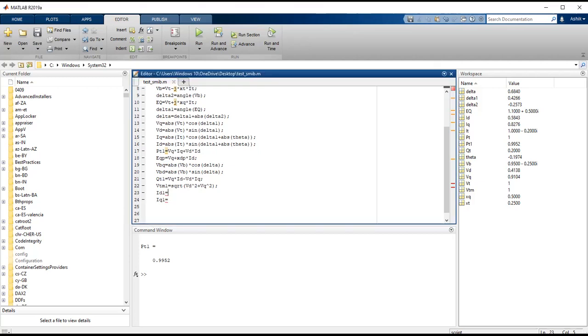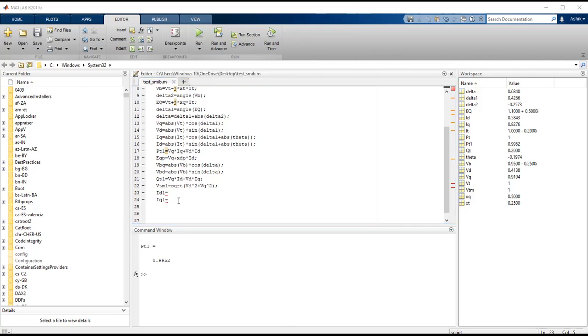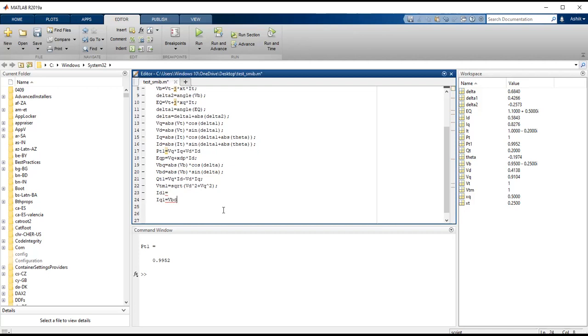Okay, so what is IQ? ID, IQ. IQ is VB sine delta XQ plus XT, VB sine delta. So that is actually VBD. VB sine delta, we can write it in short, XQ plus XT. And that is EQ prime.